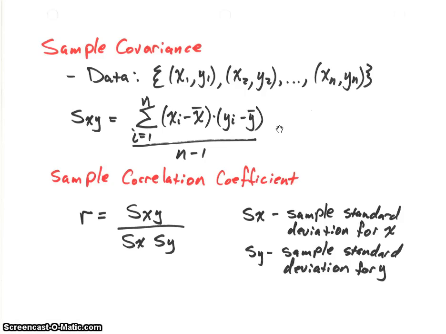So the sample correlation coefficient is equal to our sample covariance divided by the standard deviation of x and the standard deviation of y. So we would calculate the sample covariance for x and y, and we'd also need the sample standard deviation for x and the sample standard deviation for y.